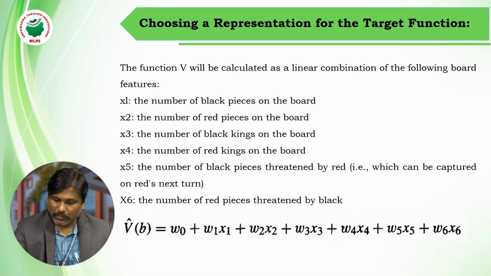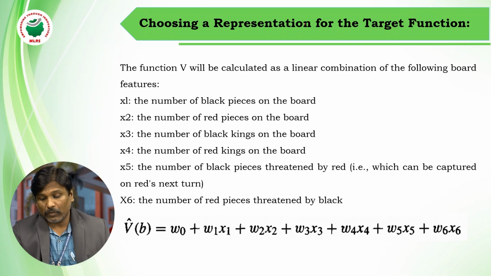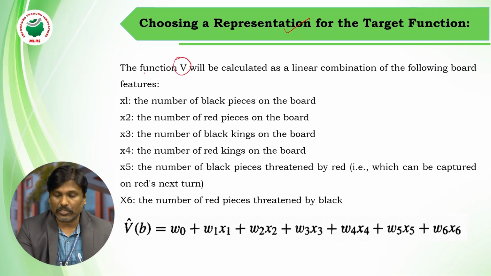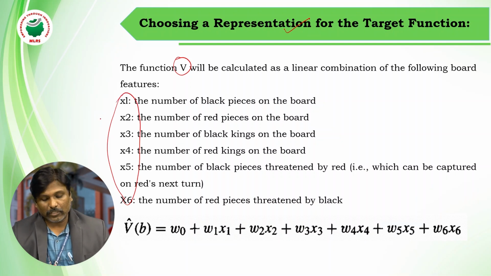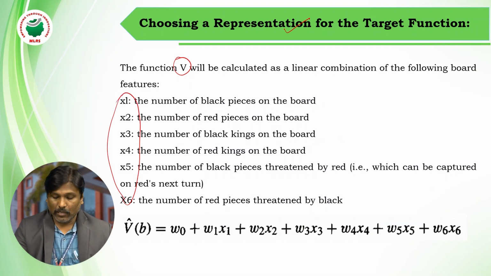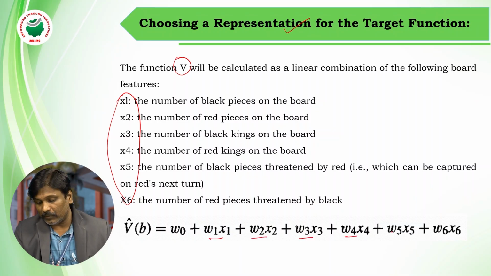Next, after considering the target function, we want to represent that particular target function. Here V is the target function I considered. The function is to be represented with different variables, x1 to x6. Each variable is associated with a different weight.